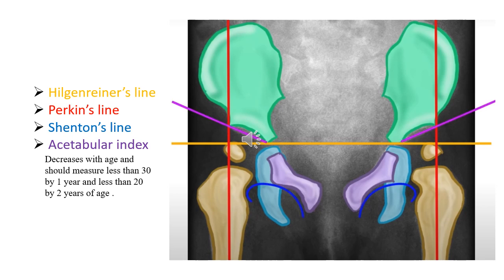The Shenton line in blue is an imaginary line that starts from the femoral neck and continues to the inferior part of the superior pubic ramus. This should be more or less a continuous line and should not be interrupted. And we also have the acetabular index, which is an angle formed between the acetabulum and the Hilgenreiner line.